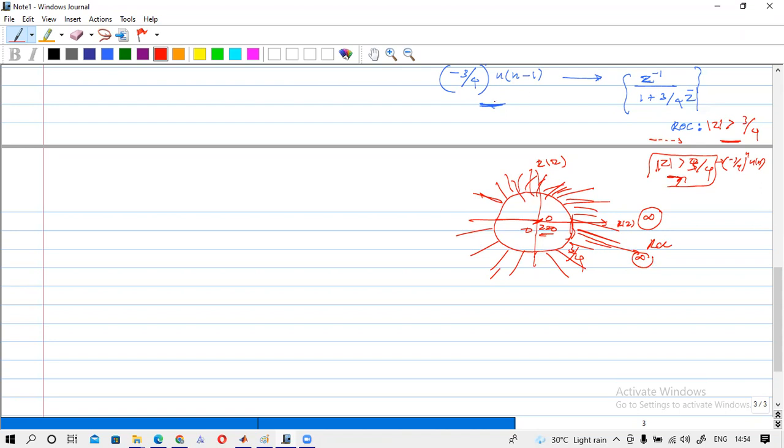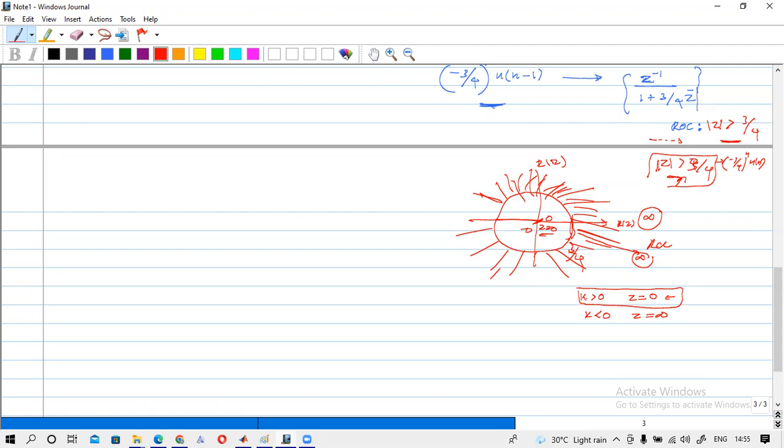When we do time shifting, it is said that if the shifted time K is greater than 0, Z equal to 0 is not in the ROC, and if K is less than 0, Z equal to infinity is not in the ROC. So we are in this case.